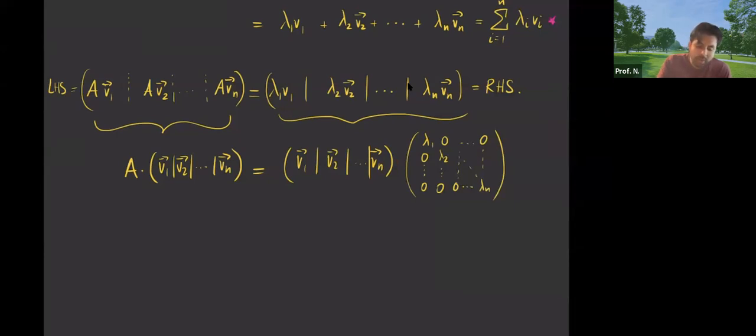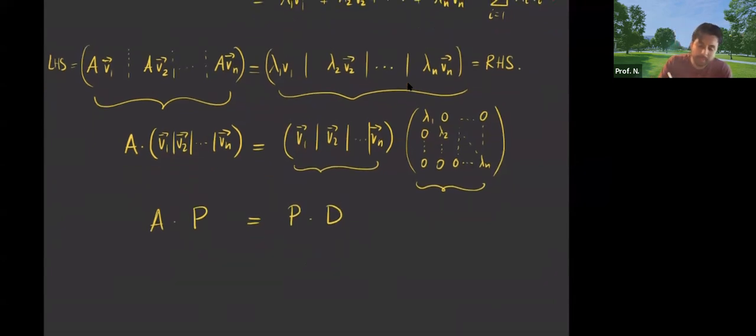Now, what I'm going to do is call this P. I'm going to call this diagonal matrix D. I'm going to call this A. And I'm going to call this P. Now, it looks like we just have a random equation here.